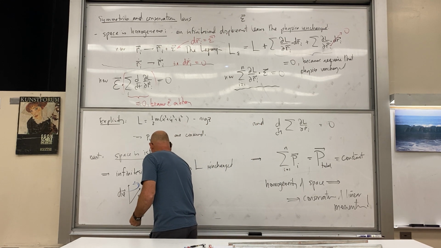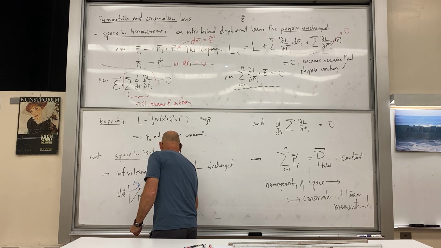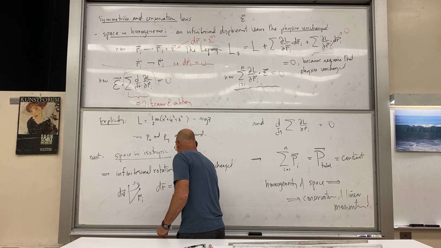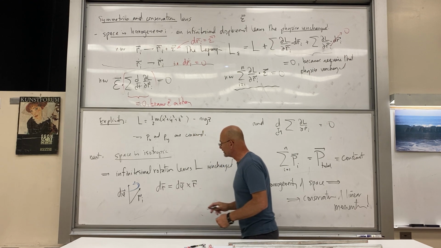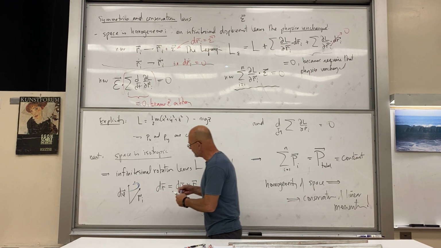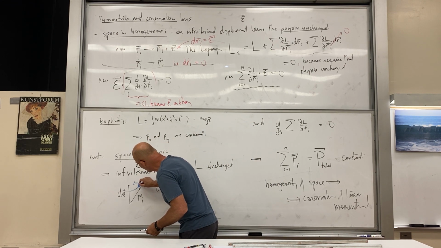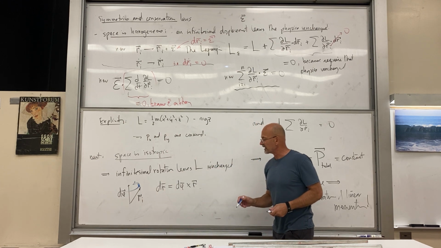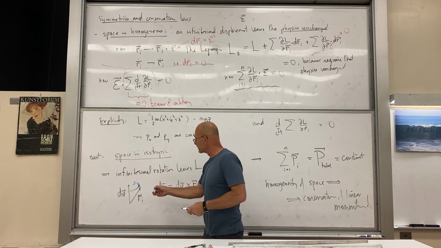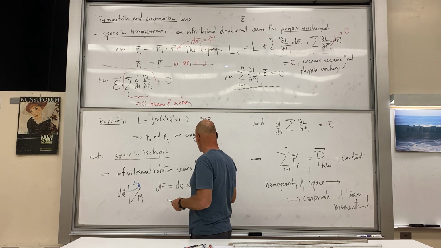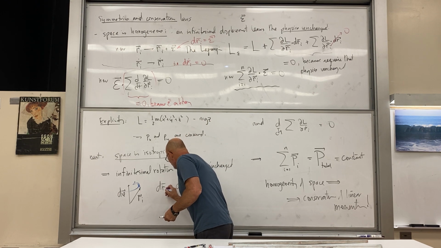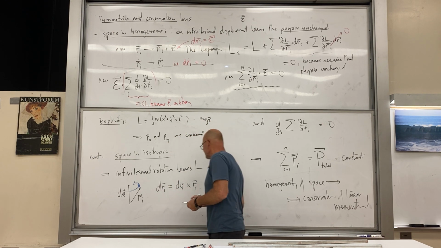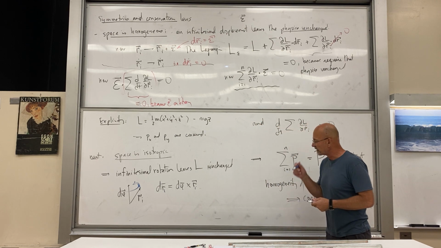So we have dr is equal to d phi cross r. So you recognize the cross product. This infinitesimal rotation would be somewhat into the board. You can draw it if you want. Cross d phi into r sub I, you get something going into the board. So d phi cross r, we'll put a subscript on each one. That's the infinitesimal rotation.